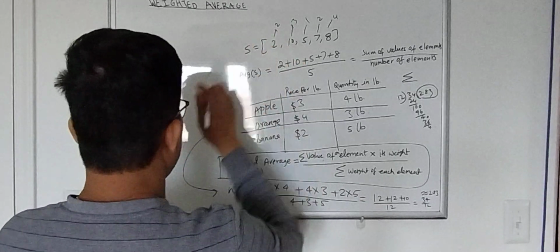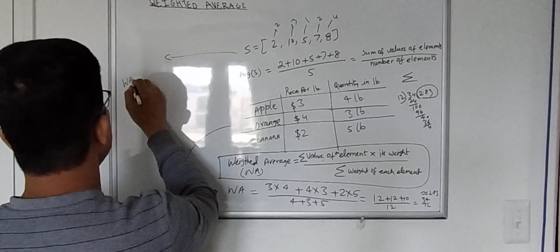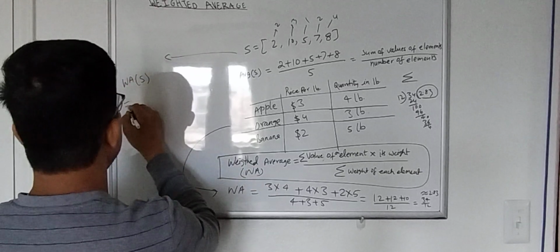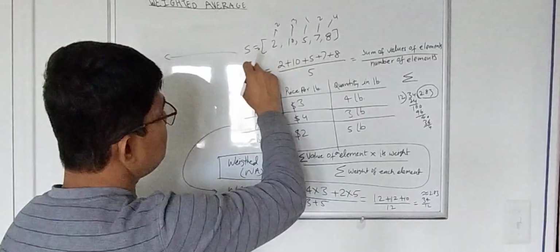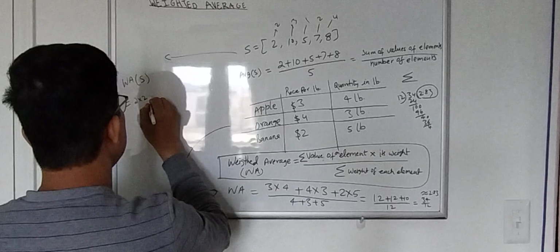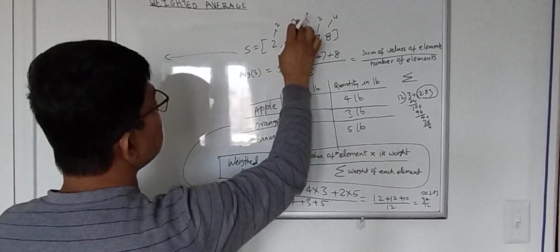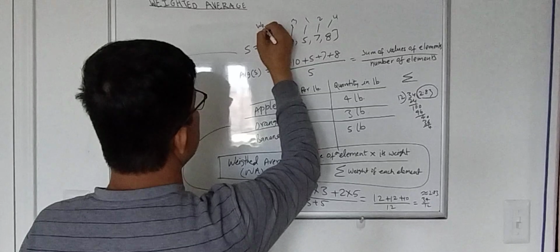Now solve this example. Weighted average of S will be what? So element value is what? These are the elements of this set. 2, and its weight is 2. 2 times 2 plus 10 times 3. This is value, this is weight for each of them.